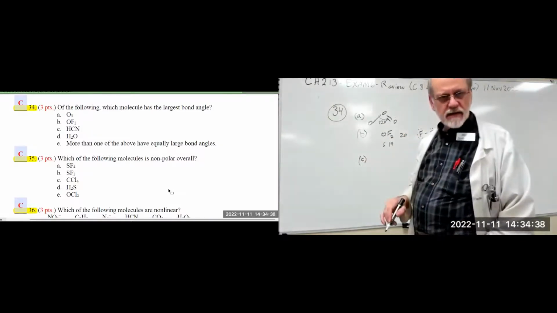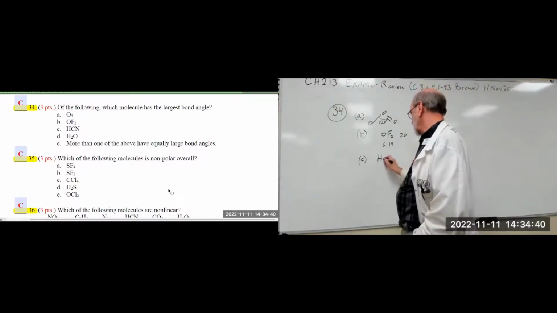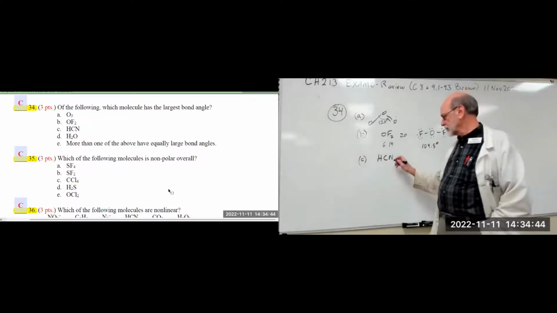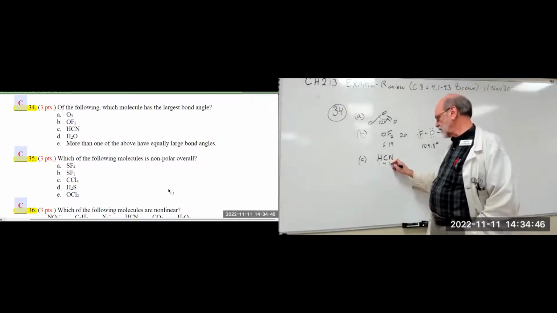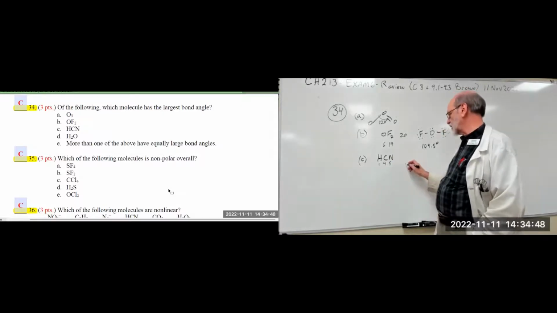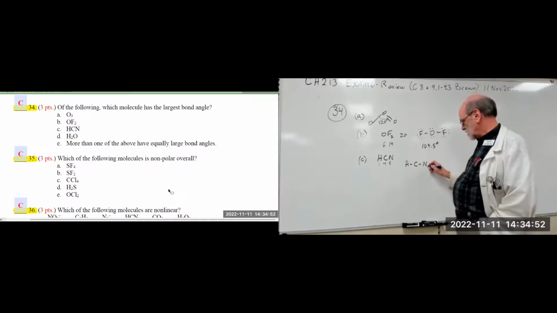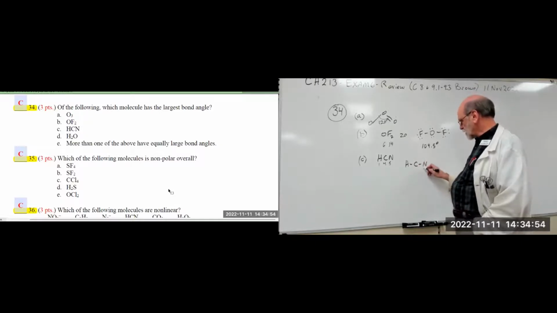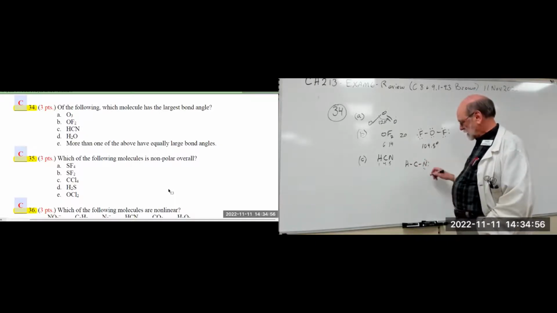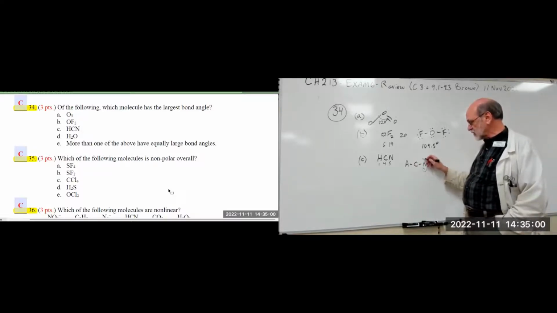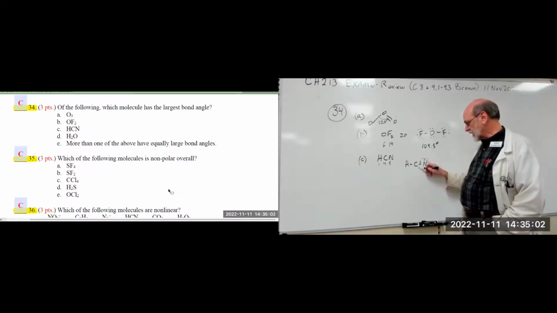How about C? HCN. Do you remember doing that one in class? 1, 4, 5. So that's 10 electrons. Hydrogen, carbon, nitrogen. Right? 2, 4, 6, 8, 10. So carbon has to have an octet. So we take 2 from here and 2 from here. Right, that.